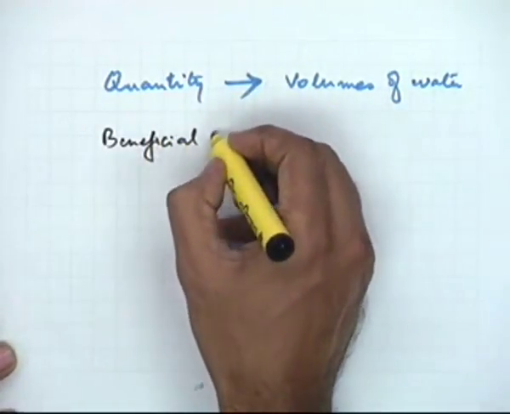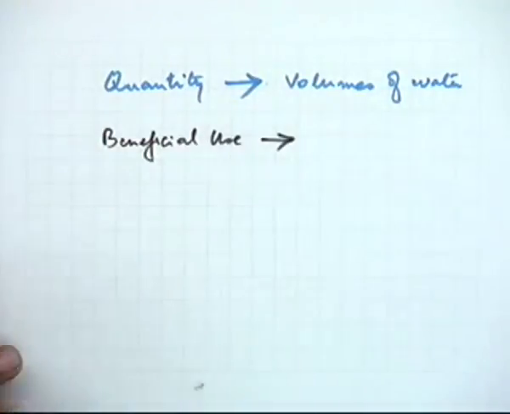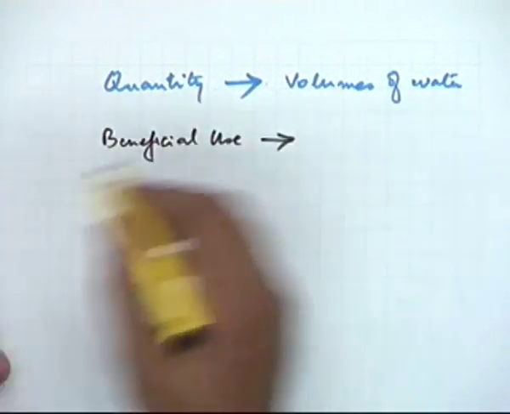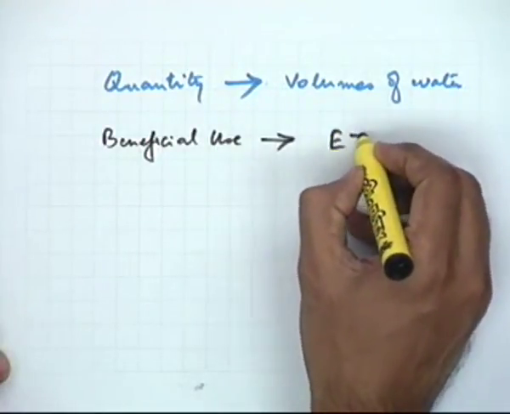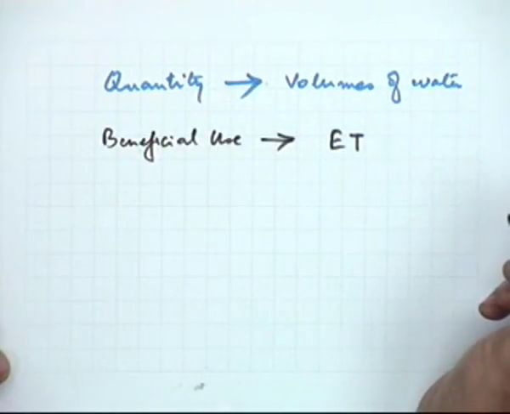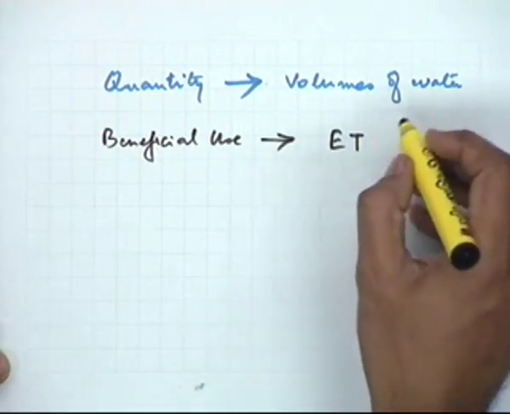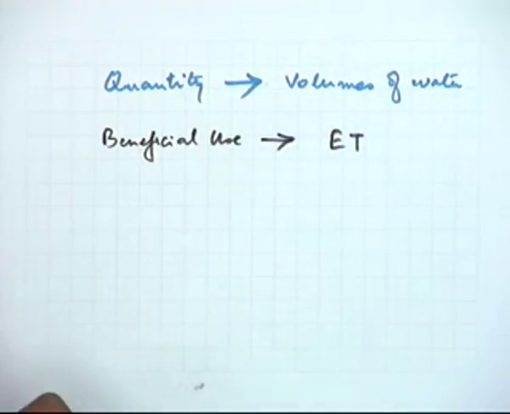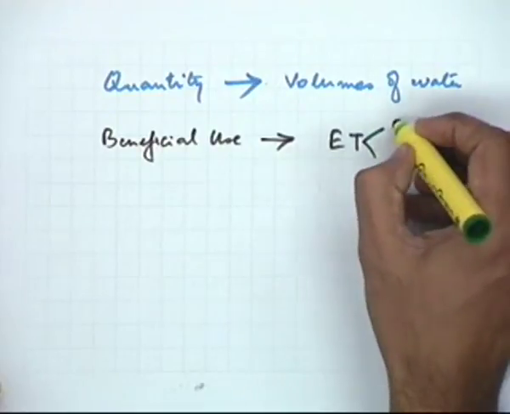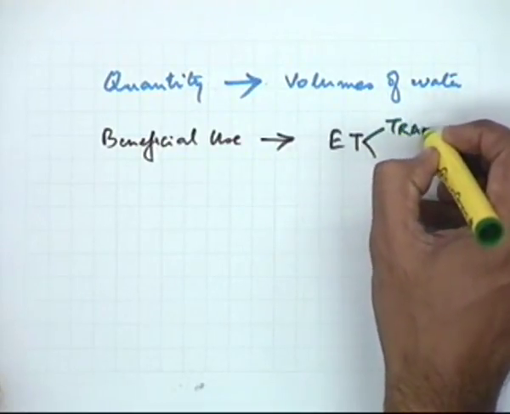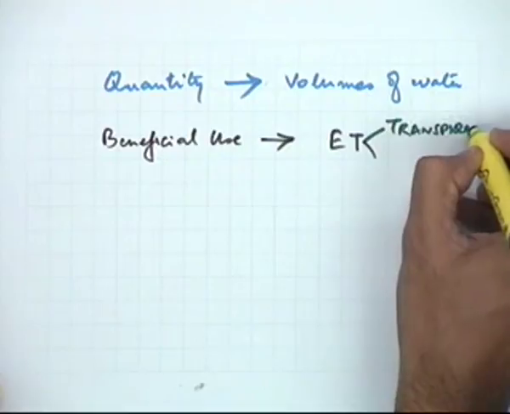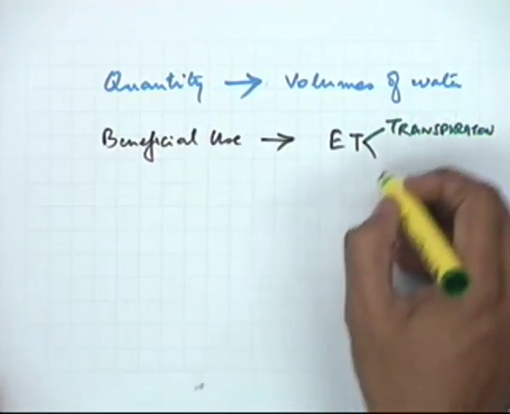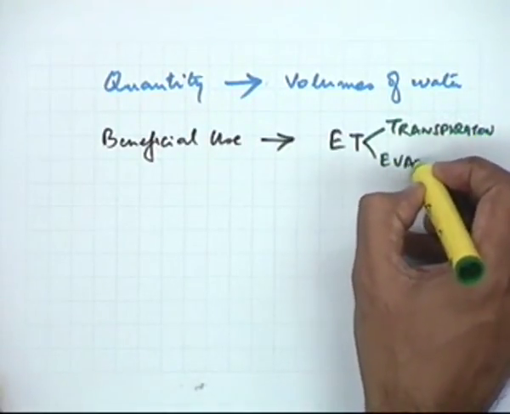Now we know that there are various forms of this beneficial use. The primary is the evapotranspiration requirement, which is made up of the components: one is transpiration, and the other is evaporation.